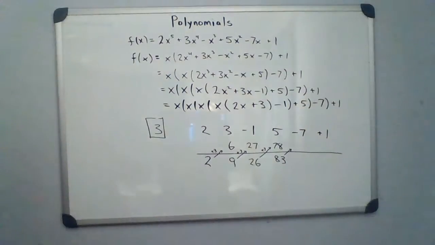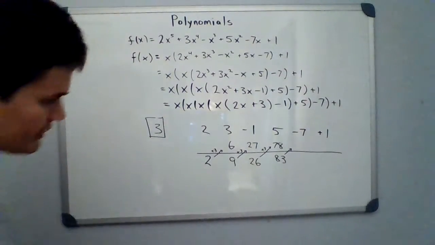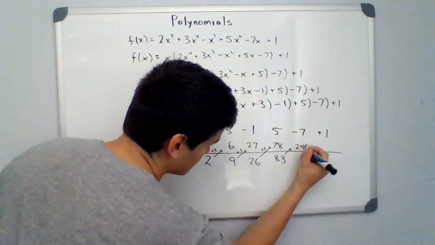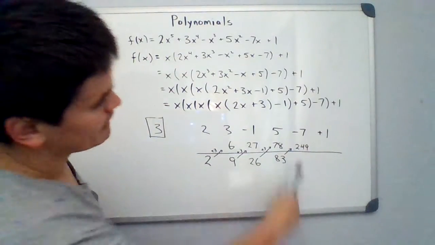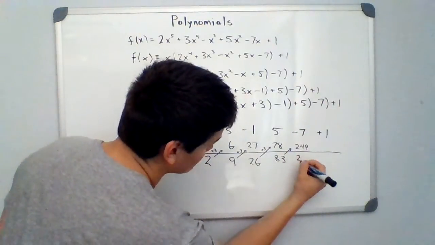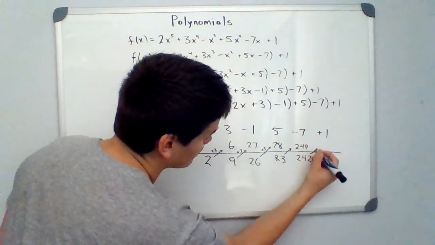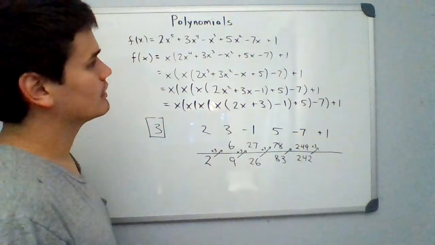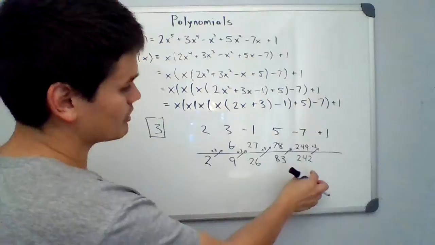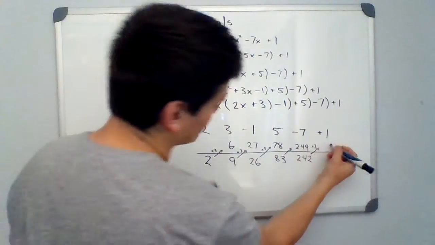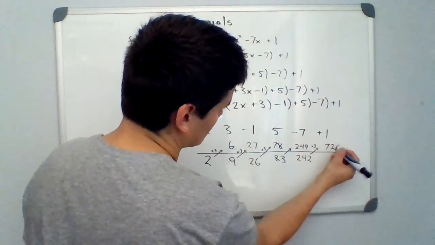And then 83 times 3 is going to be 249. And then minus 7, or -7 plus 249, is 242, times 3. I don't know where you get this huge number, but that's going to be 726.